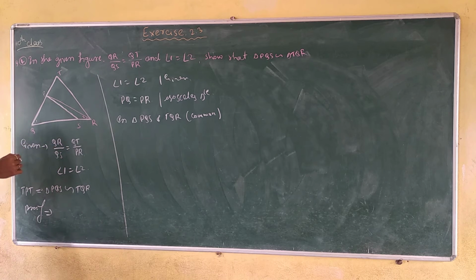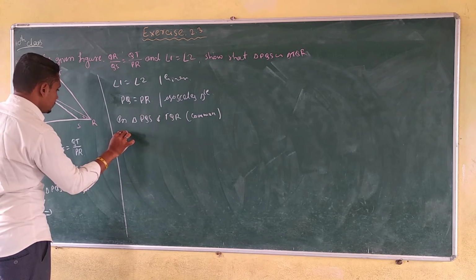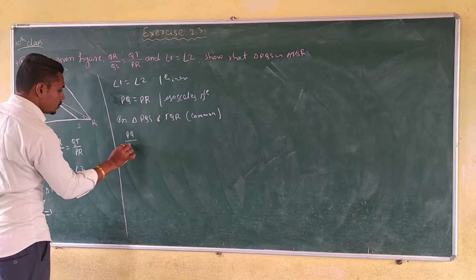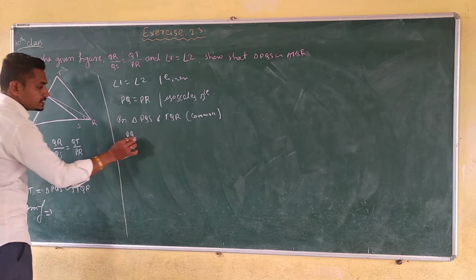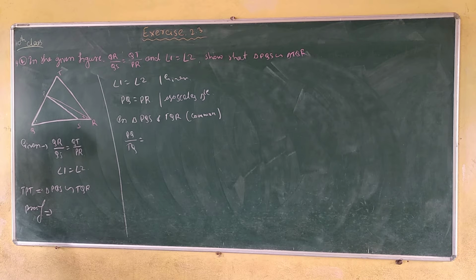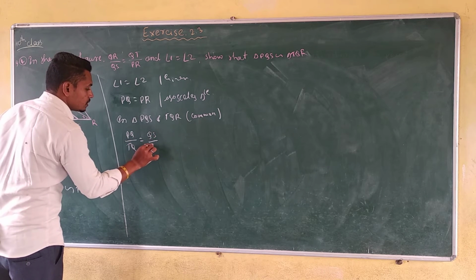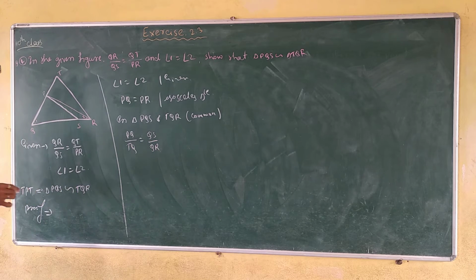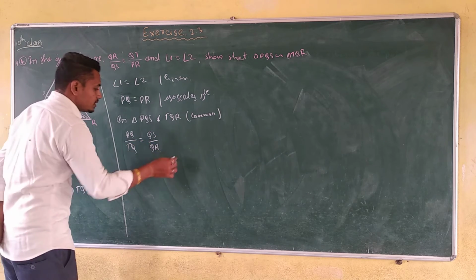PQ and PQ are the common elements, so we have to write here PQ divided by PQ is equal to QS divided by QR. Is it right? QS divided by QR. This is the common thing.